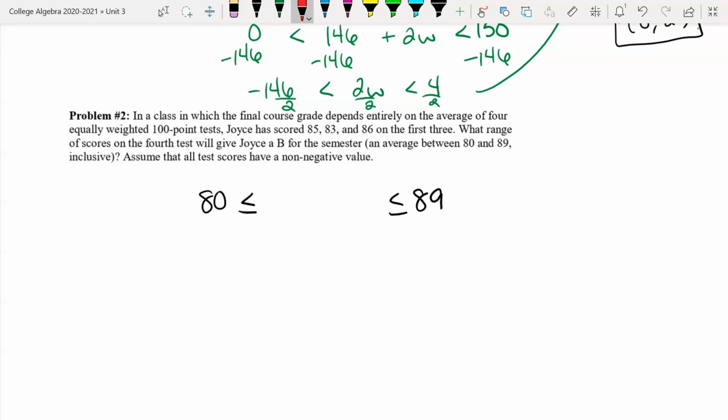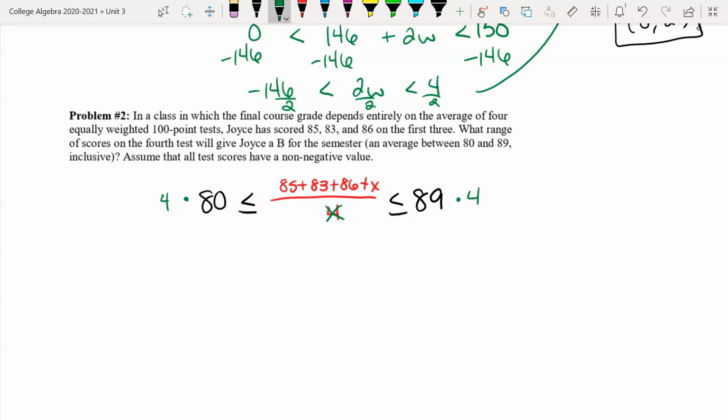Now, to find out what the 4th score needs to be, I'm going to say 85 plus 83 plus 86 plus, I don't know what the 4th score is. I'm going to divide it by 4 because I want my average, right? So to solve this, I got to get rid of that 4 on the bottom, so I multiply both sides by 4.